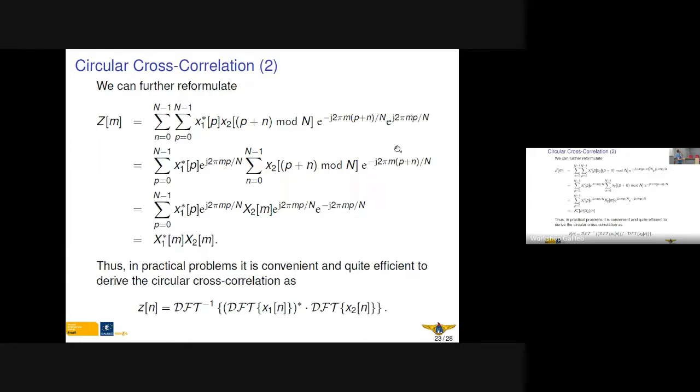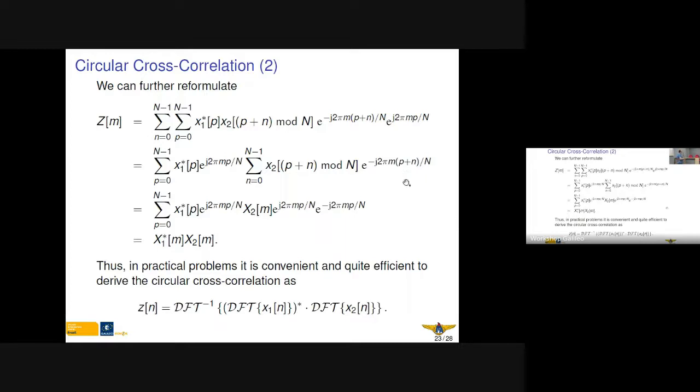This is just rewriting it. And then we can reorganize that because this factor here is only dependent on p and not on n. This one is also only dependent on p and not on n. So we can separate these two factors now. We have the sum of everything that's dependent on p, and then we have inside the sum everything that is dependent on n.